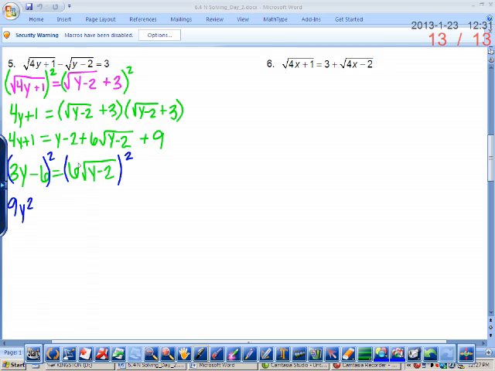Then we would get minus 18y minus 18y, which gives us minus 36y plus 36 is equal to what? 36 times y minus 2.